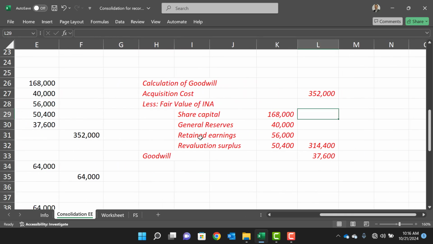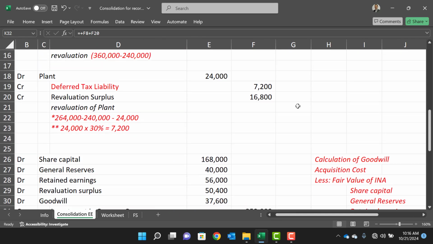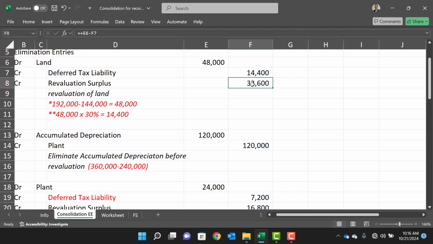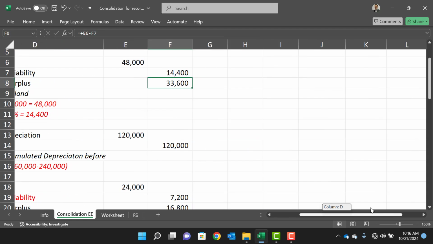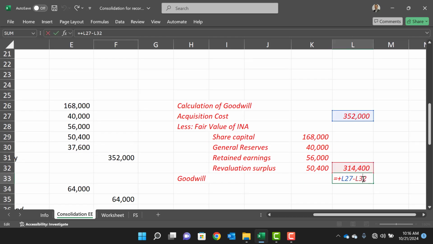Now remember, revaluation surplus are taken from the previous entries here, 16,800 plus 33,600. So it's in the formula itself.